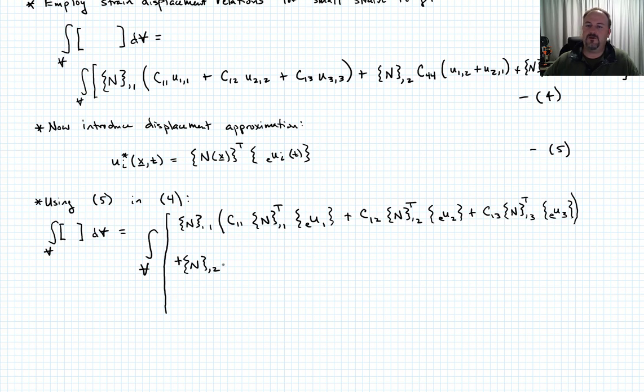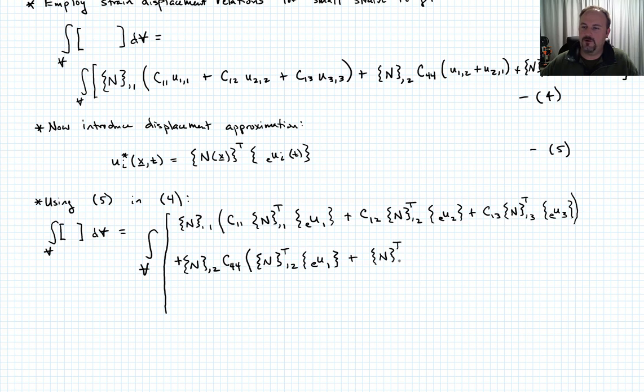Partial n with respect to x2, and then there's a C44 that remains. And now let's think about what this looks like. Well, this is u1, right? That's going to decide which nodal coordinates I use, but the partial is on 2. So what we end up with is n transpose partial with respect to x2 times U1. Okay, and then we flip those indexes.